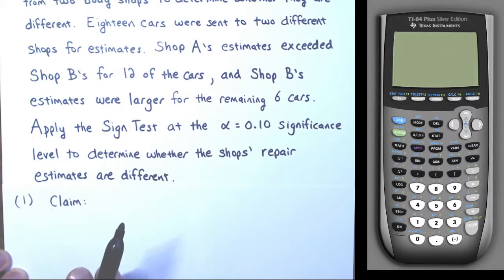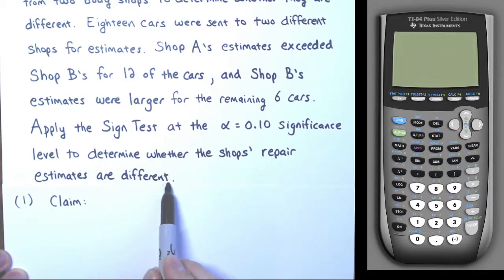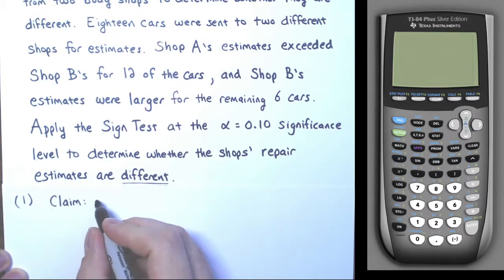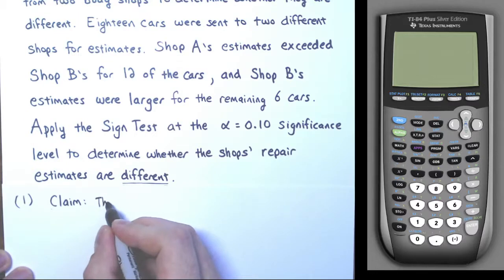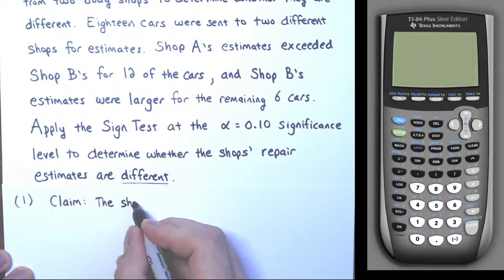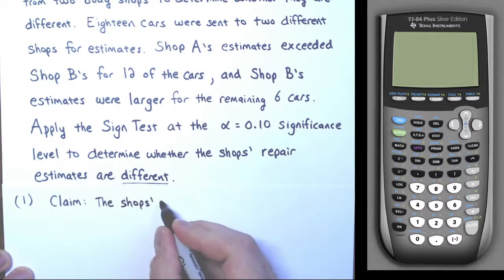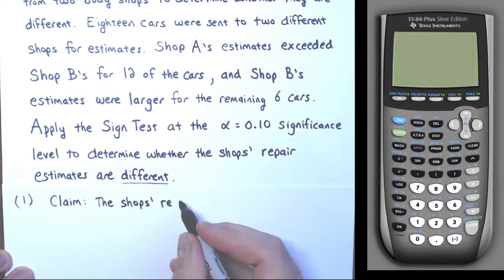The last one had a claim about improvement: the after scores were better than the before scores. This is simply saying that they are different, not that one is more than the other or one is less than the other, but that they're just not equal. So the claim is the two shops' repair estimates are different in general for similar cars.